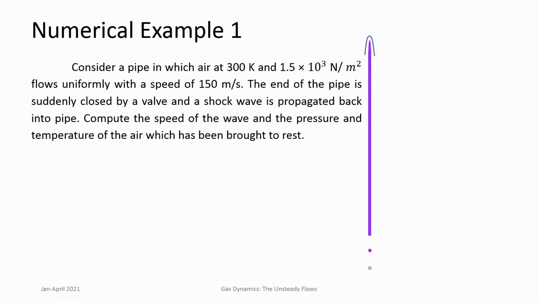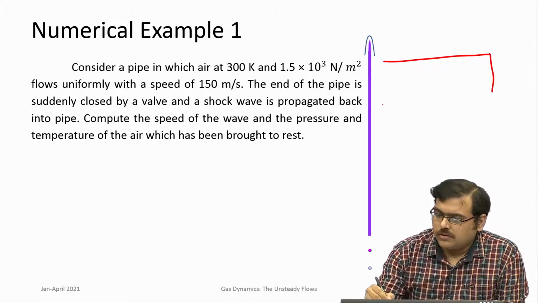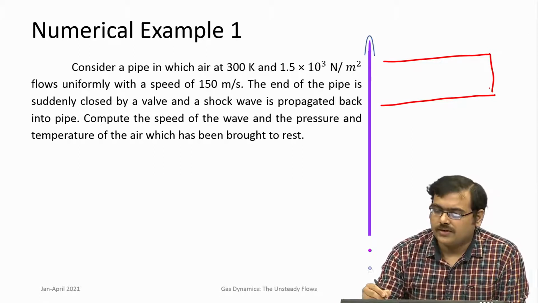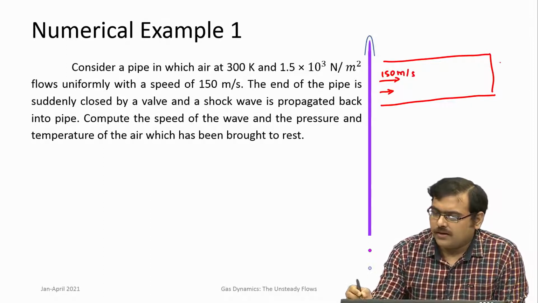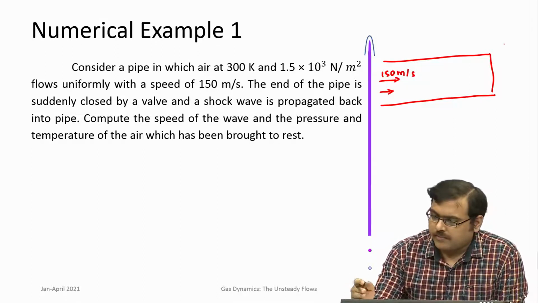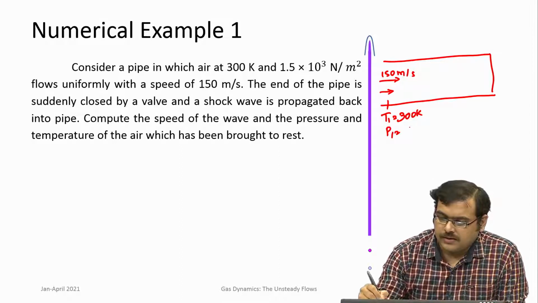So this problem, if you look at it, you know that the initial condition is that you have a flow that is going at 150 meter per second. Originally it is an open tube. So 150 meter per second, and T1 is 300 Kelvin and P1 is 1.5 into 10 power 3 Pascal.